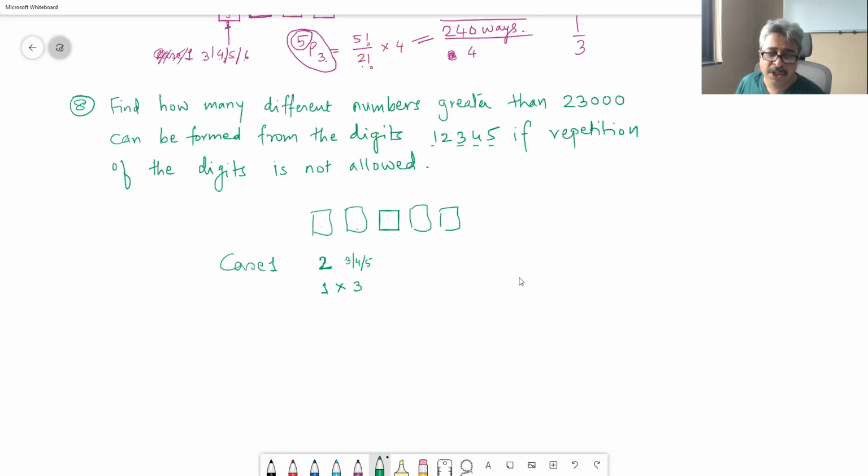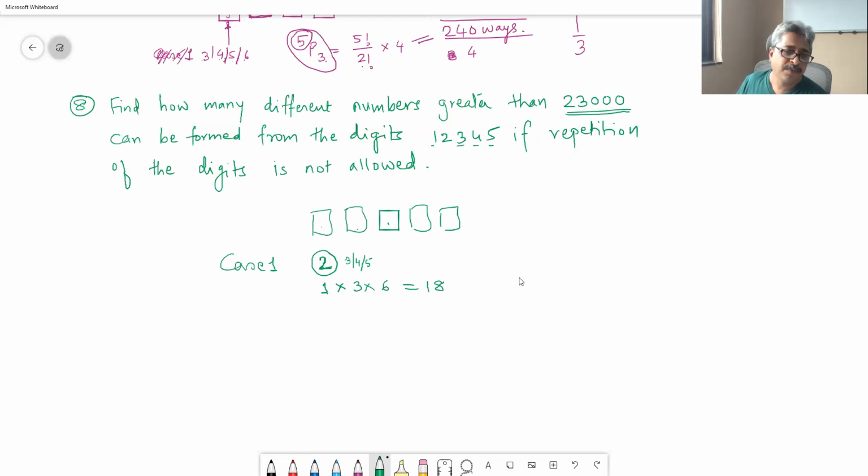And the moment we do this 2 into 3, the remaining 3 digits can be put in any order, which is 3P3, which is 3 into 2 into 1, so it is 6. So that makes it 18. If the number is starting with 2, we can create 18 numbers which are greater than 23,000.